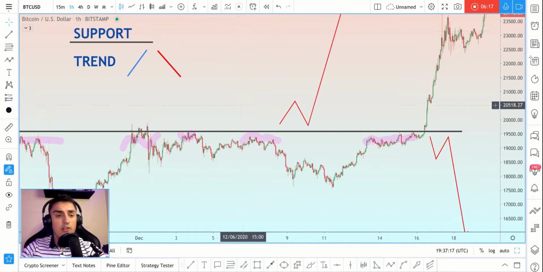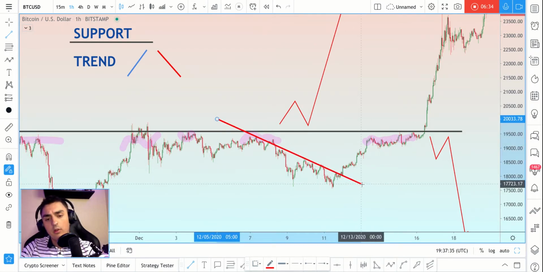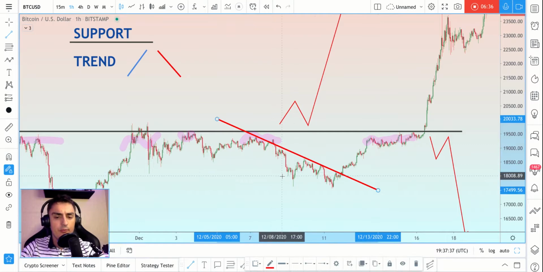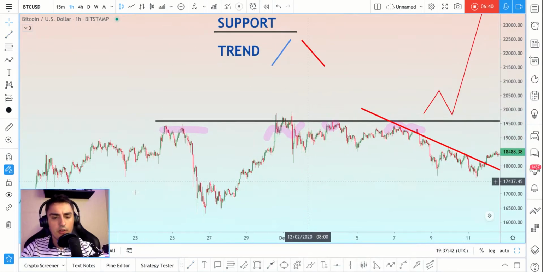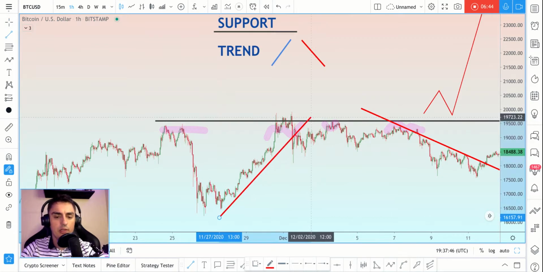Again, the time frame is not so important for the trend, because on different time frames you can spot different trends and very big varieties of them. Here you can see a downtrend, and just a few moments ago you can see an uptrend, right?